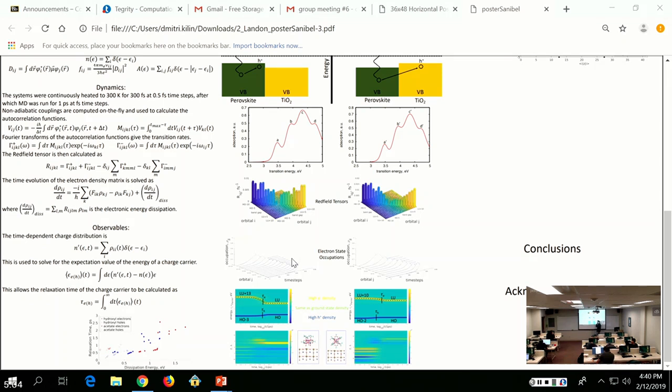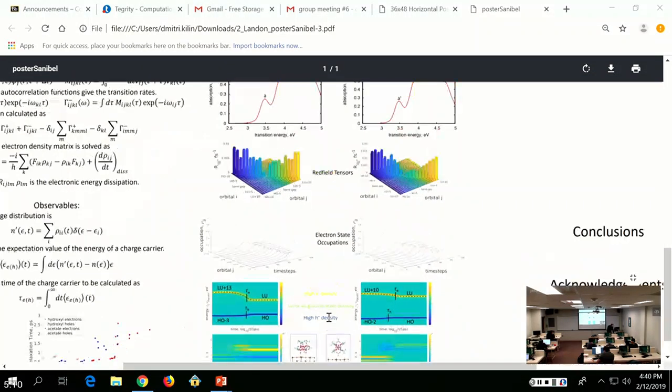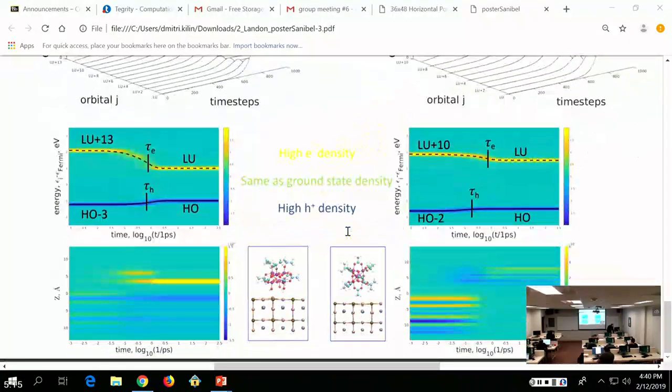And then we can also make these graphs down here, which I need to make the fonts a little bit bigger on, because that's impossible to read. In these graphs, the green background color represents no change from the ground state charge distribution.